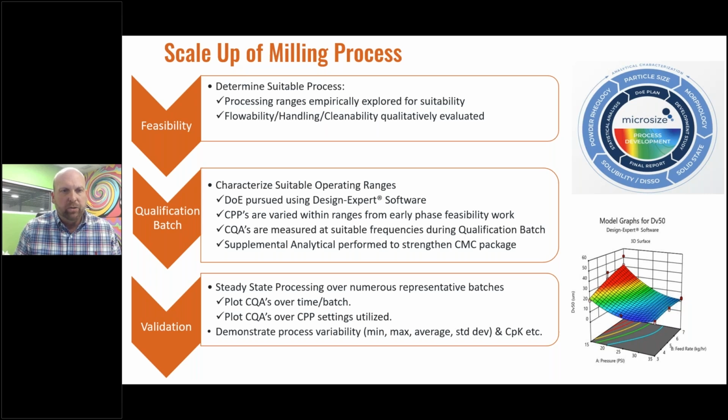We have the ability to add vibration or modify the equipment in terms of adding air assist or pull additional CFM to help any sort of handling or flowability issue. We can change venturi angles and have all sorts of handles to adjust. And usually that's demonstrated during the feasibility event, and we come up with a good plan for the qualification batch to optimize that.